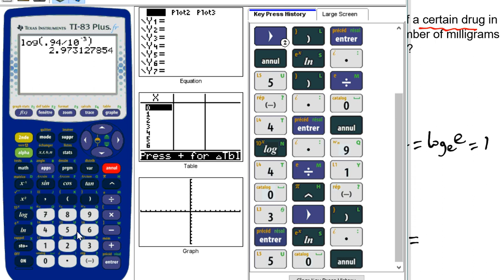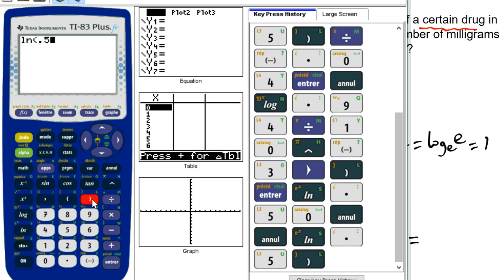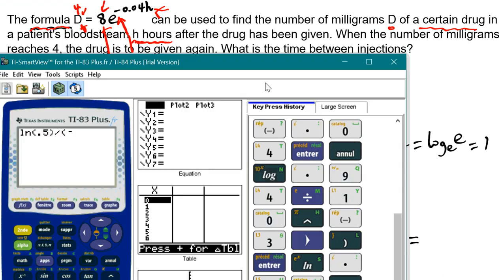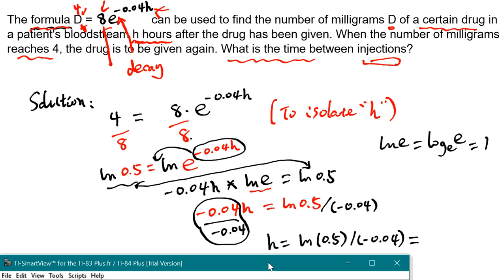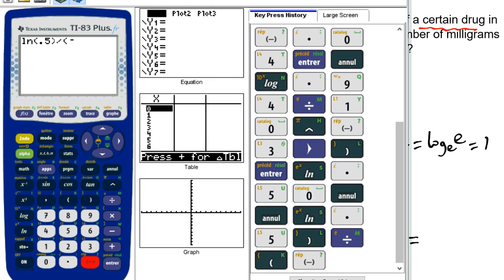Let me do it one more time. Clear the screen. You will do natural log 0.5, close bracket, divided by, you may use a bracket, negative 0.04. The negative sign is the one here, not subtraction.